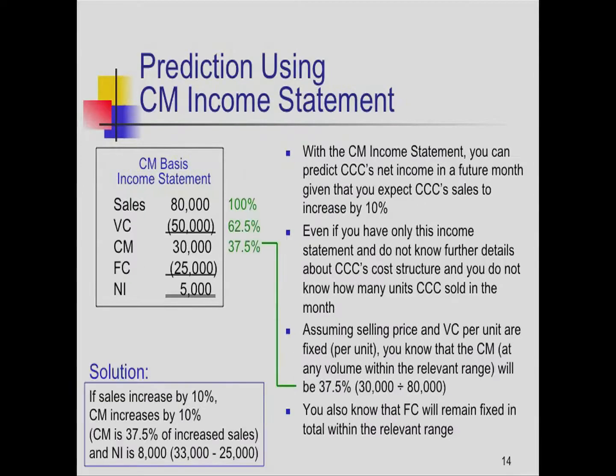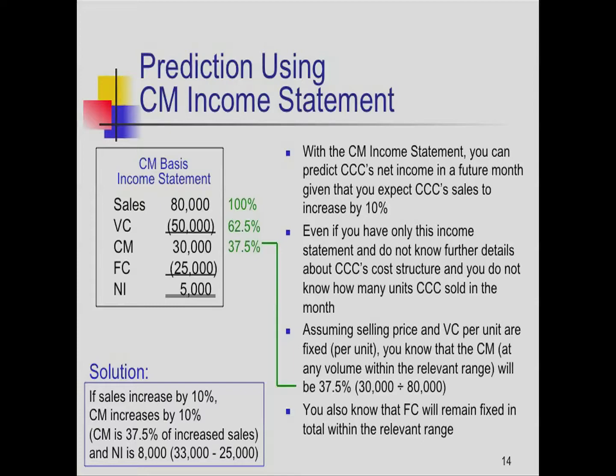But, on the other hand, if we had a contribution margin format of income statement splitting our costs between variable and fixed by behavior, then we could get that type of information. So here's what we do. If we make the assumption that our selling price per unit and our variable cost per unit remains the same, then we can calculate our contribution margin ratio.